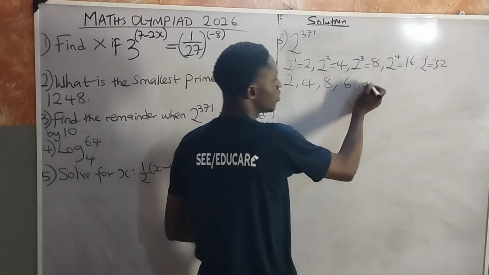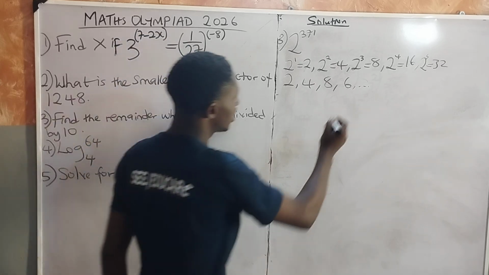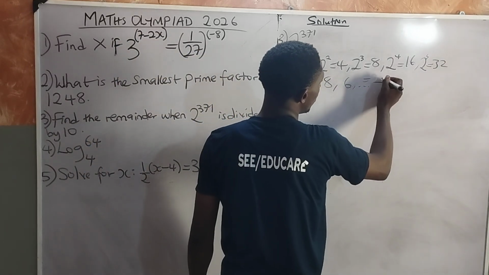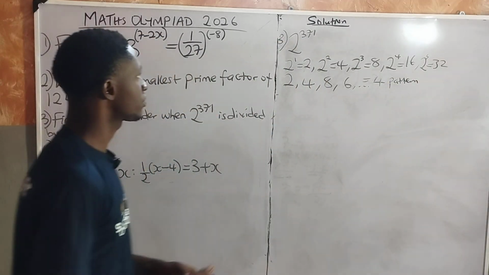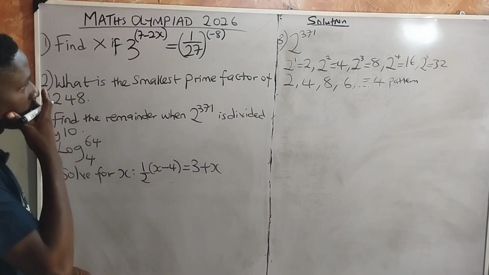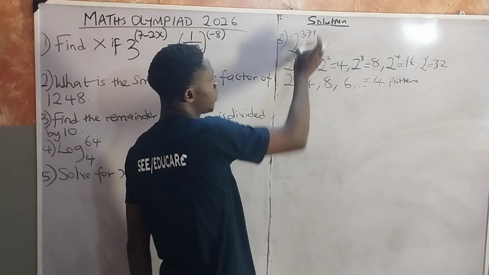The last digit here is 2. It has started again, and it is going to keep going like that. So let's say that we have 4 patterns here. Since we have 4 patterns, let's focus on this 371, the power here.